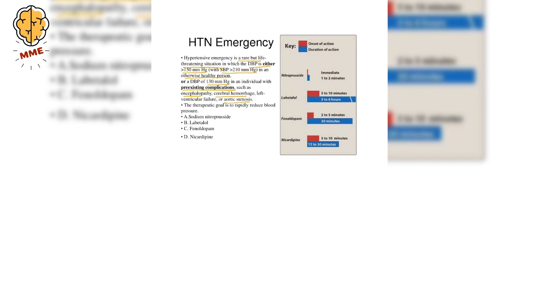The therapeutic goal is to rapidly reduce blood pressure, and it can be done by giving sodium nitroprusside, labetalol, fenoldopam, or nicardipine.